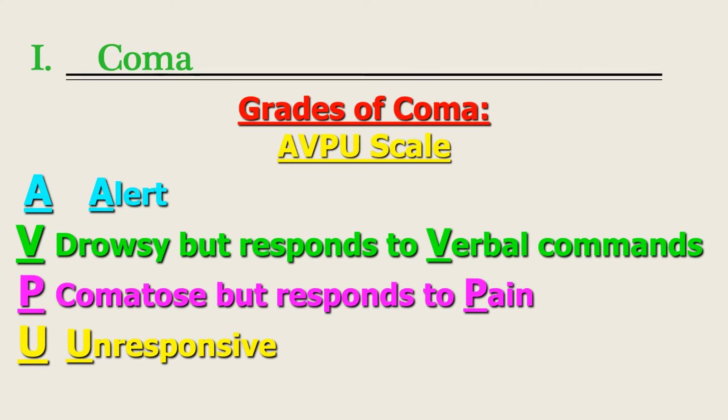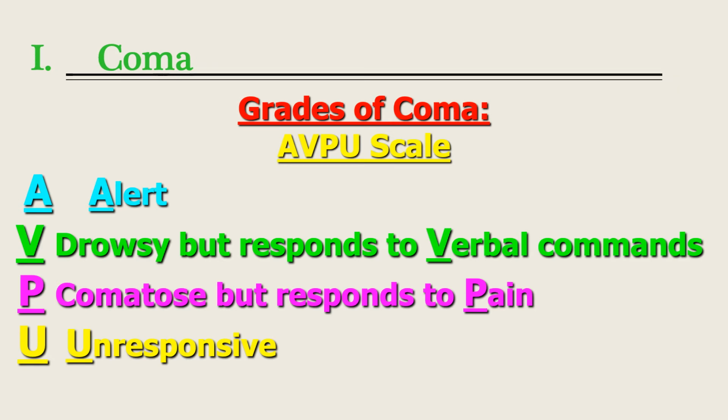We don't want to make him awake. We want to examine his response. So by your knuckles of the fingers on the sternum or by the thumb on the supraorbital region, and then look for the response. If there is response, so he is responsive to pain. No response, so he is unresponsive, and this is the fourth grade of coma.